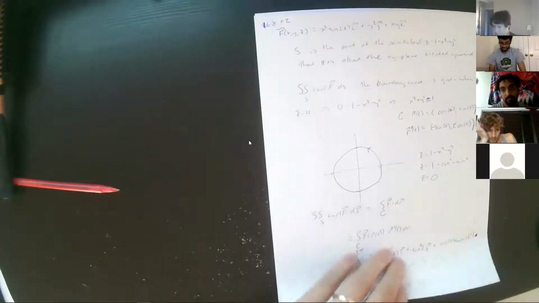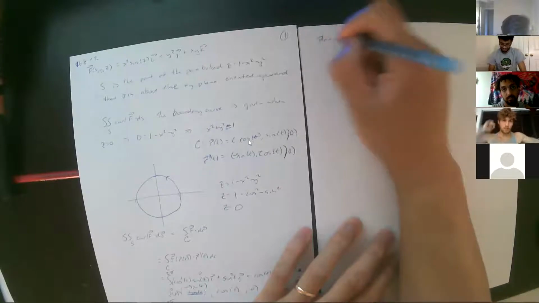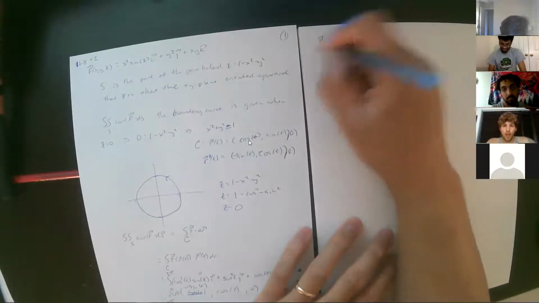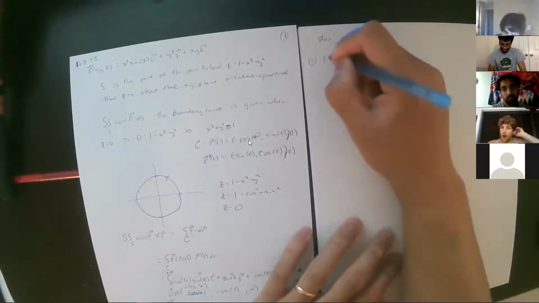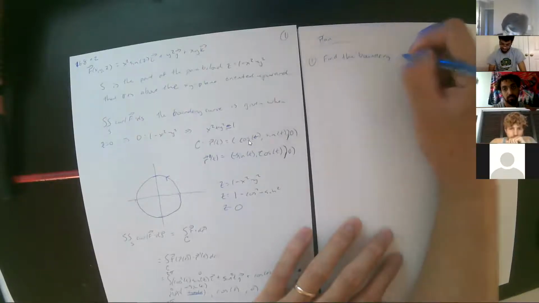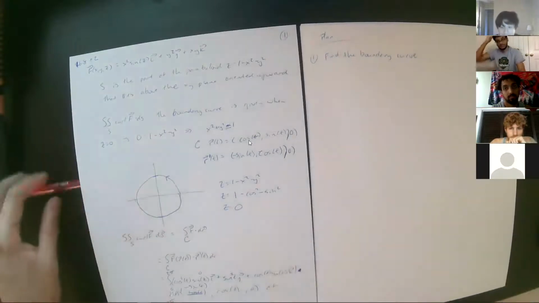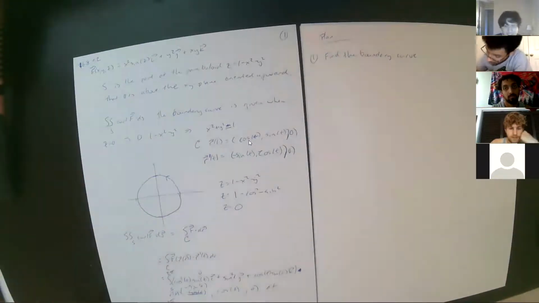I'm going to go write this down. Plan. Find the boundary curve. This is going to have lots of small steps, because we did lots and lots of small steps without really thinking about it, right?